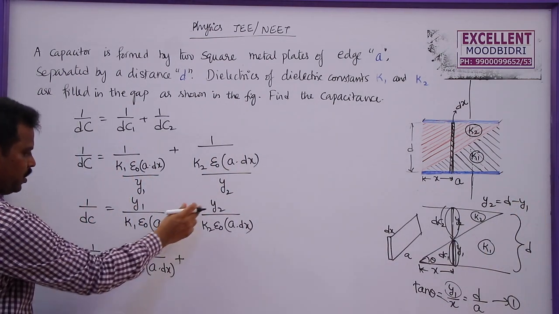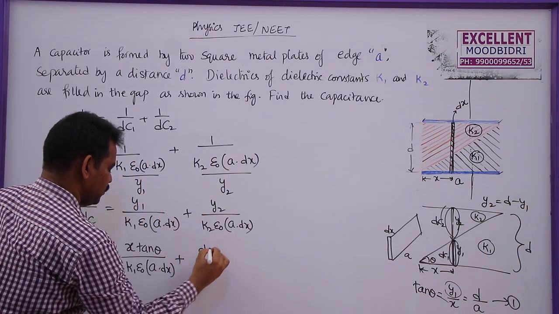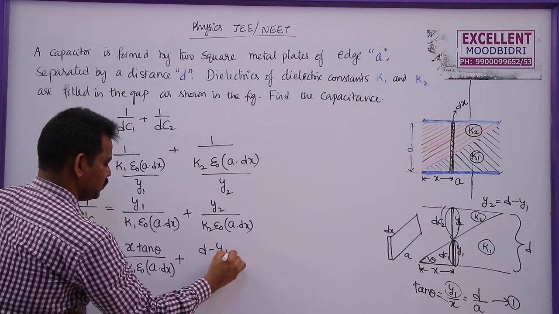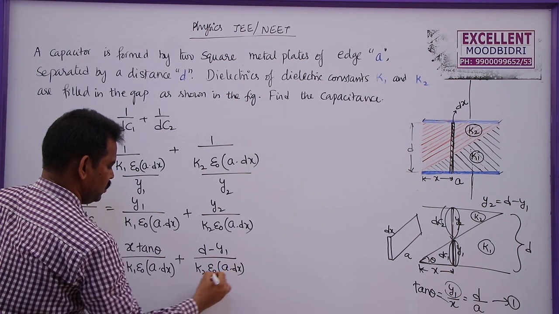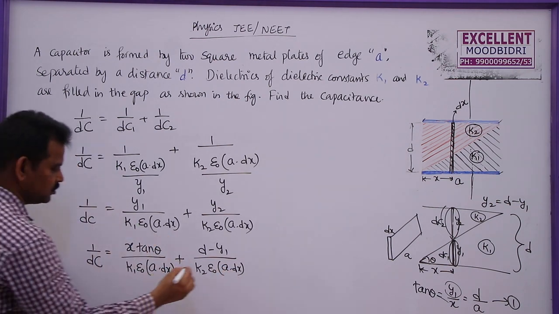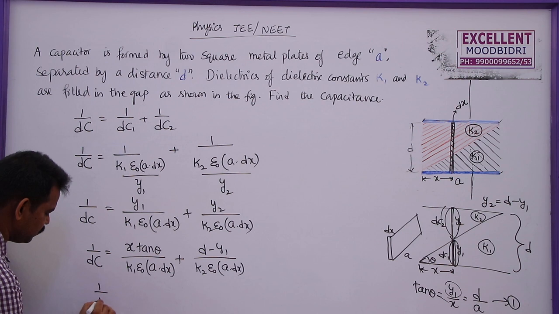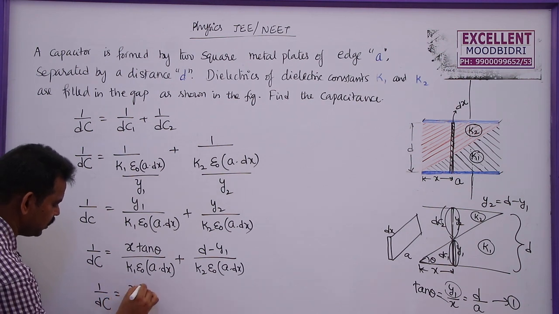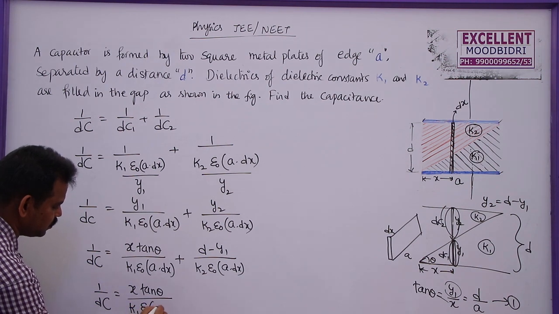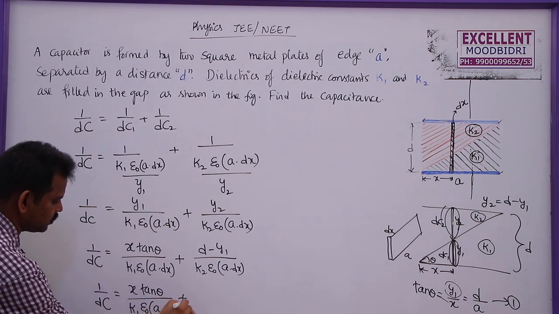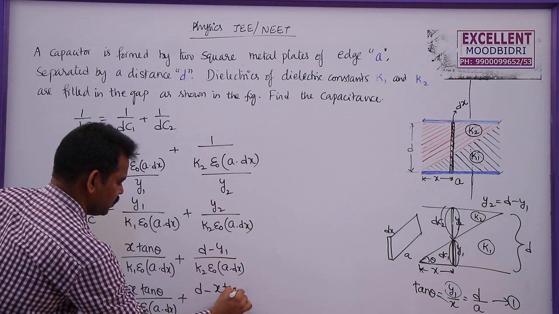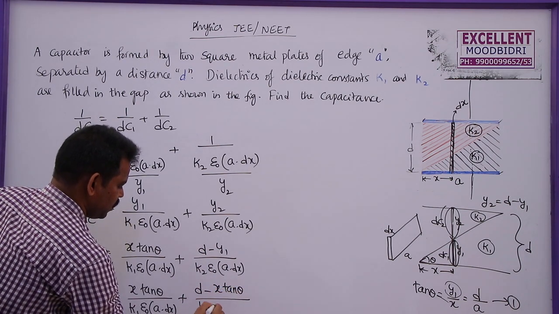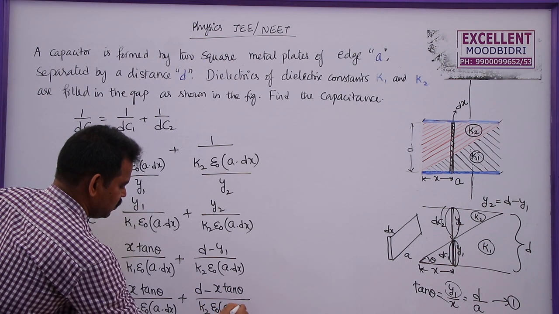So in place of y2 I am writing d minus y1 by K2 epsilon naught A dx. You can see these two equations. First, 1 by dC is equal to x tan theta by K1 epsilon naught A dx. This d minus y1 is once again x tan theta by K2 epsilon naught A dx.